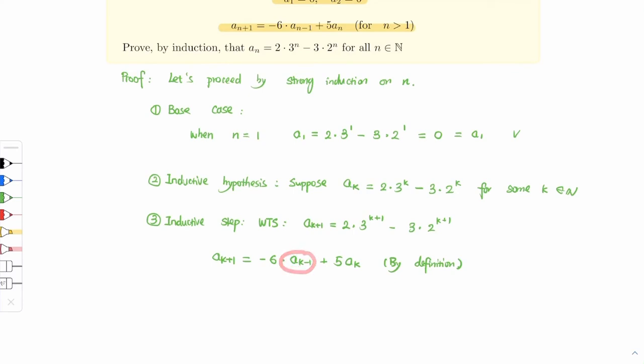You don't know what it equals, so eventually you cannot prove it. That's how you know we need information about a k minus 1, if you make your inductive hypothesis a strong inductive hypothesis.